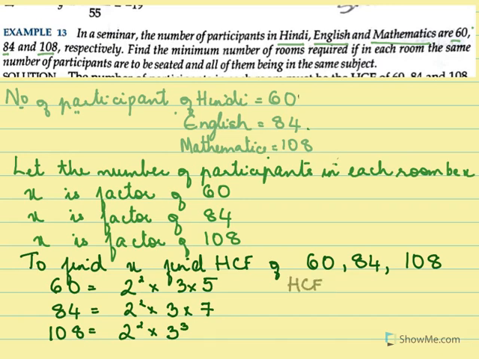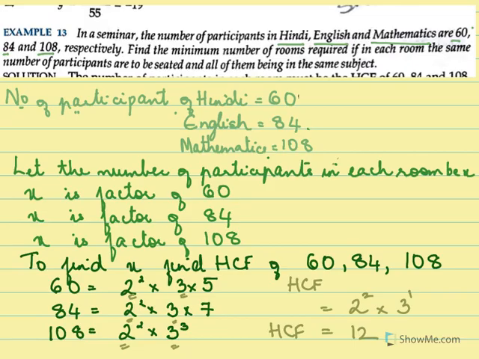For HCF, we take common factors. Which are the common factors? There is 2 throughout, and there is 3 also throughout. Lowest power. The lowest power of 2 is 2, and of 3 is 1. So the HCF is 12.